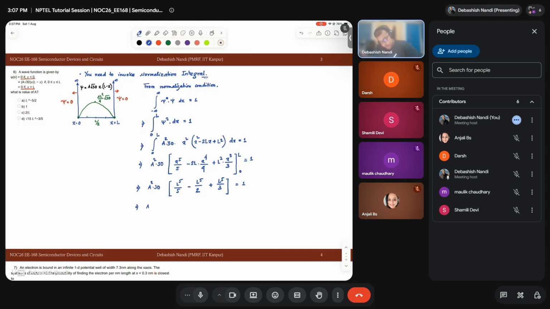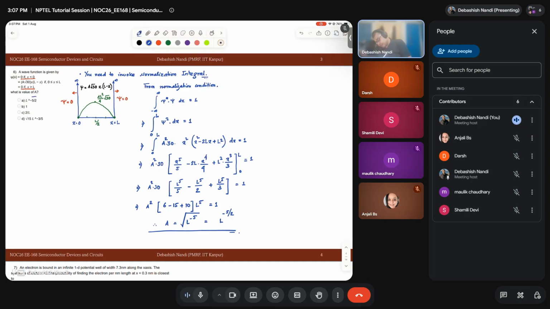So this will be 6 minus 15 plus 10, times L raised to 5. So basically your A will be L raised to minus 5, and the square root of that, that will be basically L raised to minus 5 over 2, right?